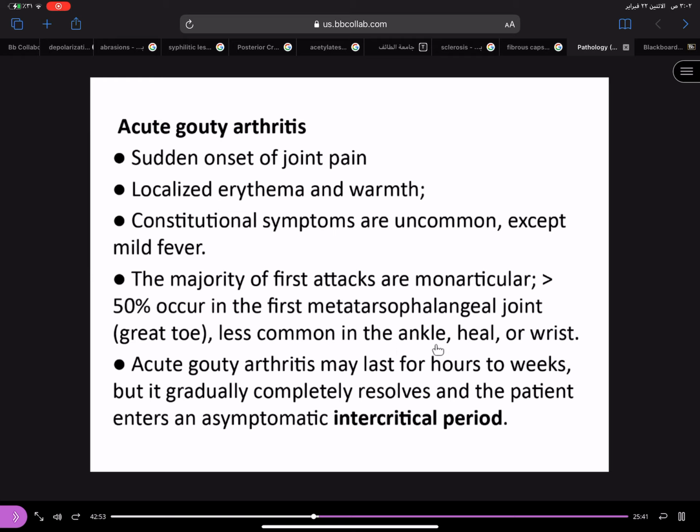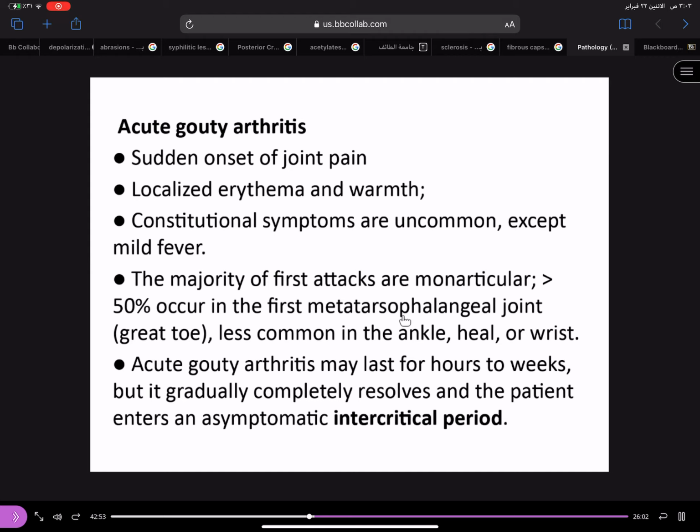So sometimes it is in the ankle joint, sometimes the heel of the foot, or sometimes the wrist of the hand, of the upper arm. So these are the sites. The majority of the time it's the first metatarsophalangeal joint in the big toe.